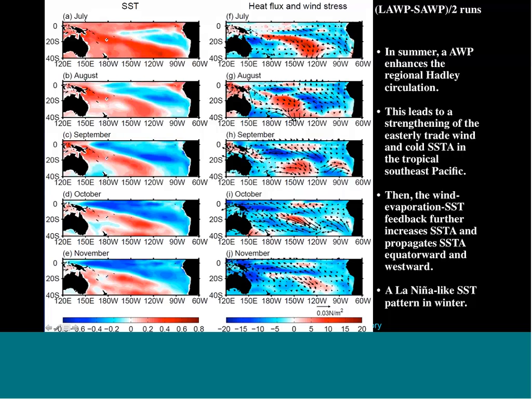Associated with this Hadley circulation are the cold SST over Southeast Pacific, southeast wind and negative heating flux over Southeast Pacific. And after this, the local ocean atmosphere feedback will further increase the SST anomaly over Southeast Pacific.